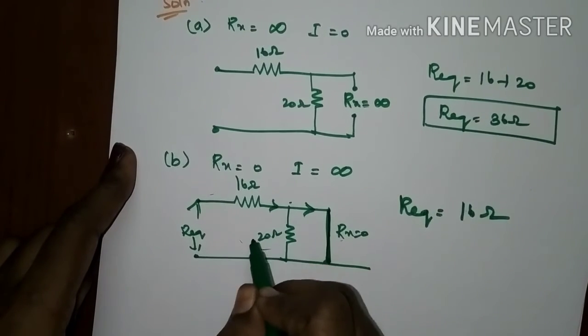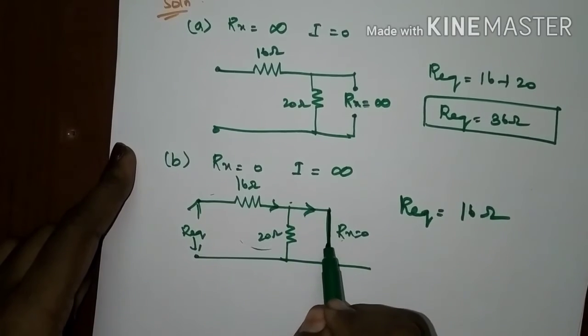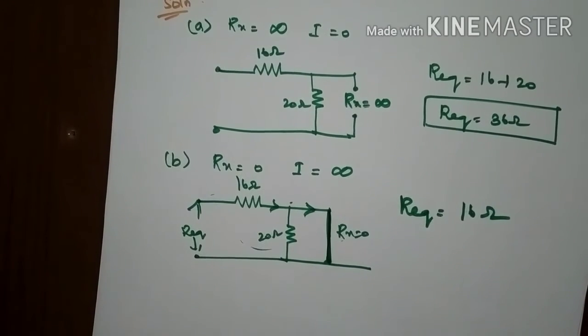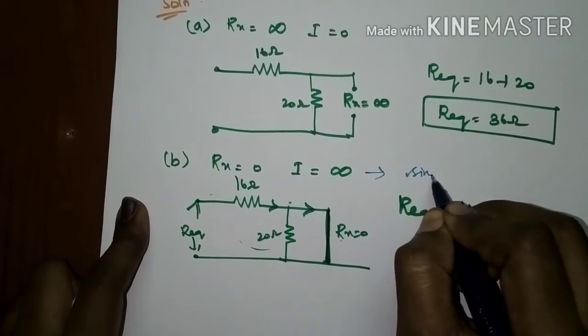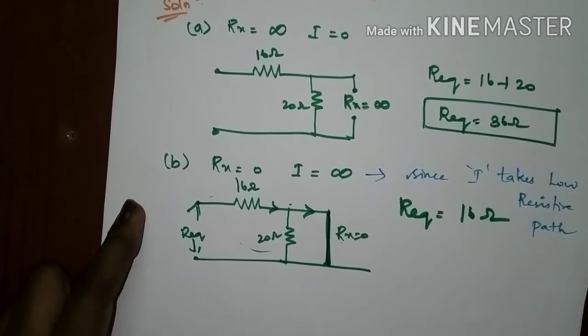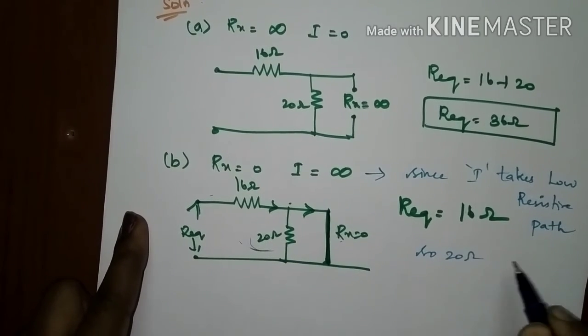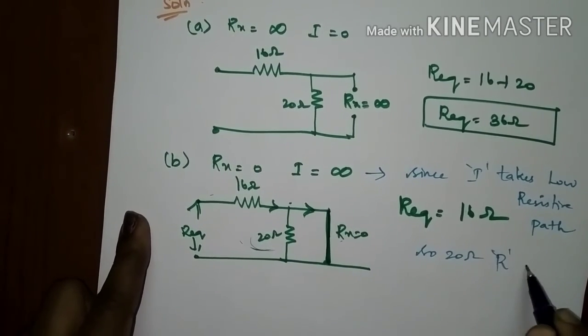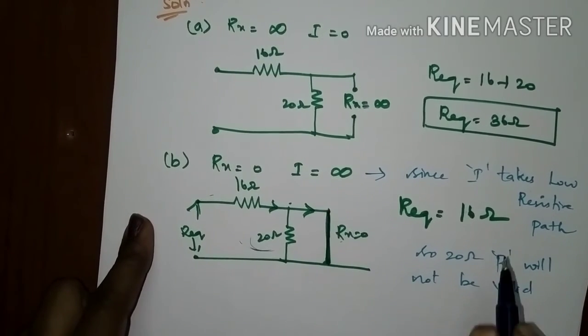This resistance has no value if the path is shorted. Since the current takes the low resistive path, the 20 ohms resistance will not be valid to take in the R equivalent calculation.